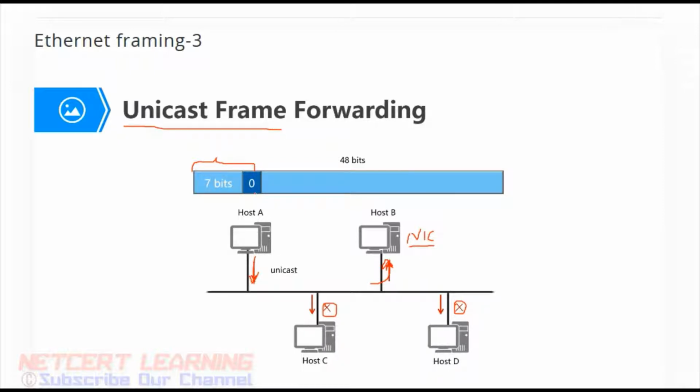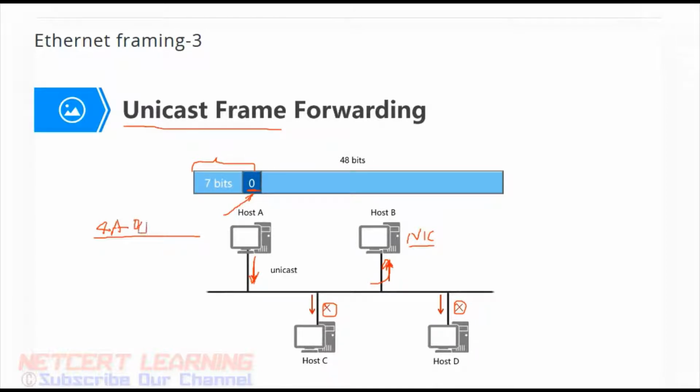There's a specification that says for a unicast MAC address, the eighth bit should be 0. That means the first number, for example 4A. It's 48 bits long.